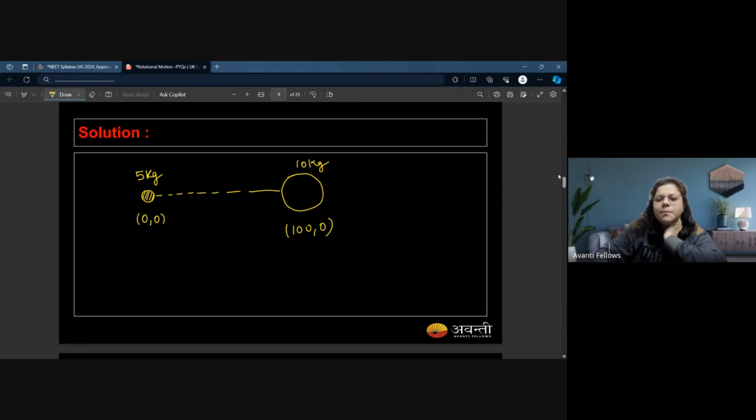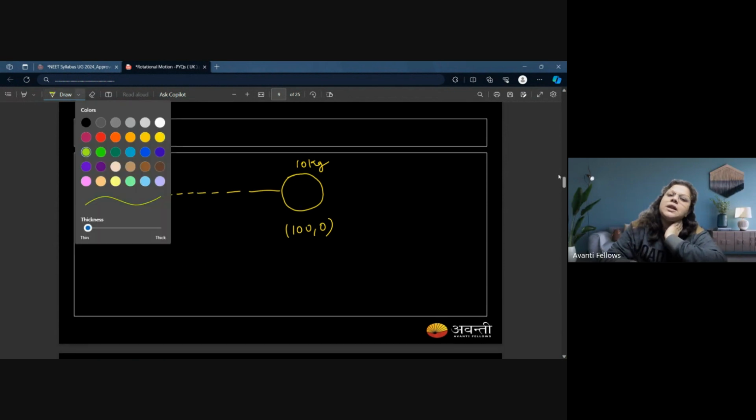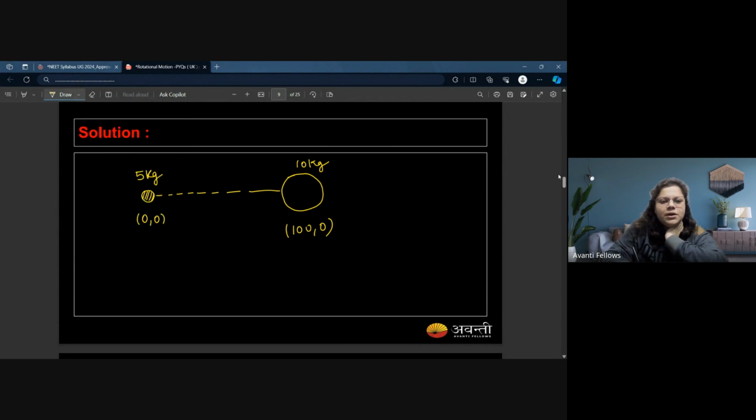Now just calculate using the formula. So x center of mass would become (m1 x1 + m2 x2) over (m1 + m2).